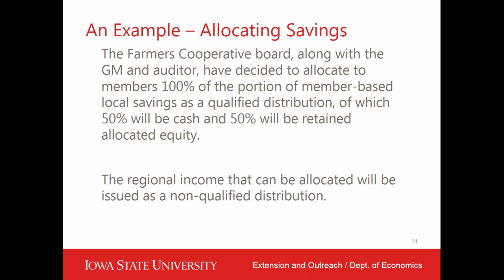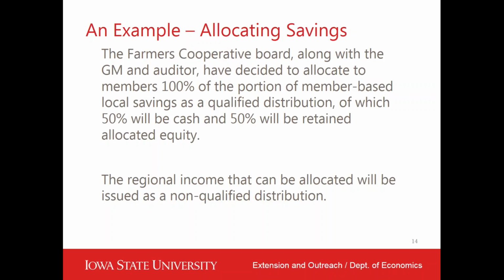Now, I'm not saying that this is what co-ops typically do. We do have some co-ops using non-qualified. I'm putting non-qualified in here as an example of a way to show how this works. And I will say that non-qualified distributions make a little bit of sense in my opinion in the case of regional income, because some of that regional income is unallocated.